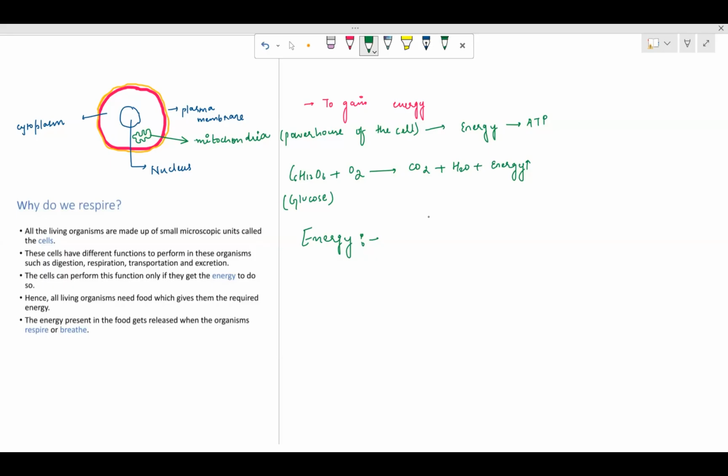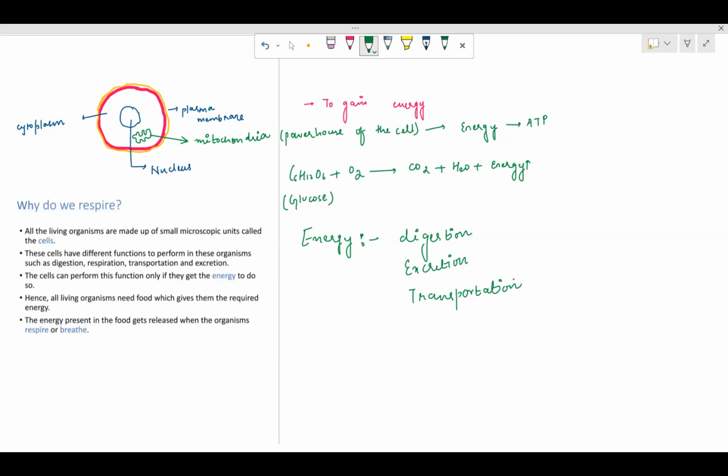Like digestion, how does it work? Respiration, energy is also used. And then excretion, and you require proper blood flow, for the proper transportation, your energy is required.